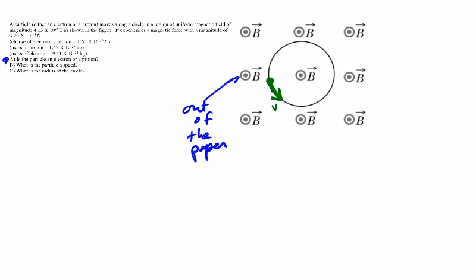That means that we need a force that's toward the center, because this is going to be a particle that's going to go around a circle, so it's going to need a centripetal force. And the only way you can have a centripetal force is if you have some kind of magnetic force that's toward the center of the circle, and the motion is always going to be tangent to that circle.